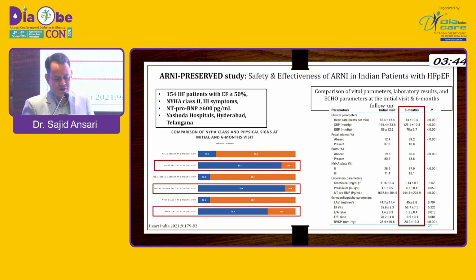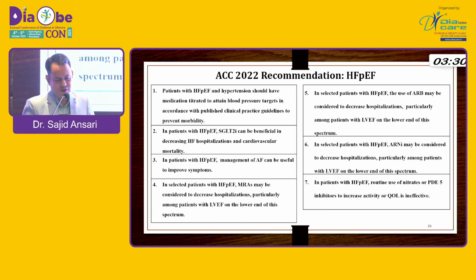And coming to Orni-Preserve, this is one Indian study from PGI Chandigarh, and it shows that when you use this ARNI with a different group of molecules, there is improvement in KCCQ scores and in the quality of life.